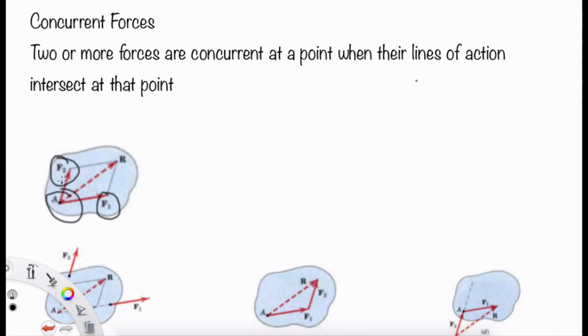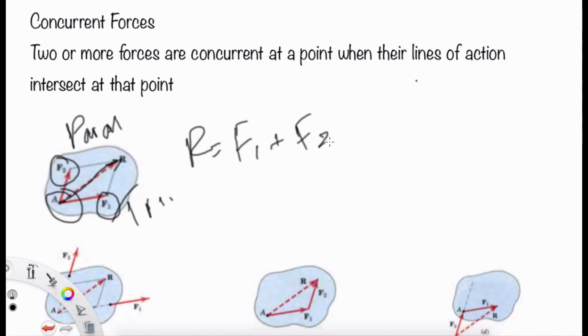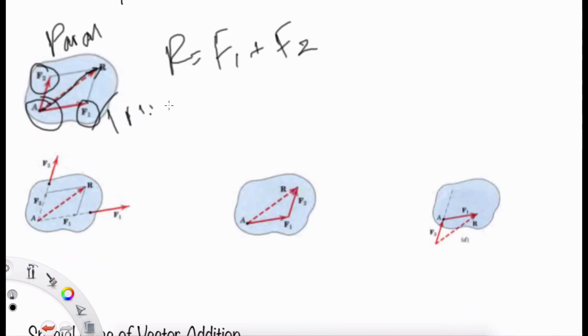This is called concurrent forces, and using them we can find the resultant by the parallelogram law, and also by the triangle law. The resultant in this case is F1 plus F2, since they intersect at a point.